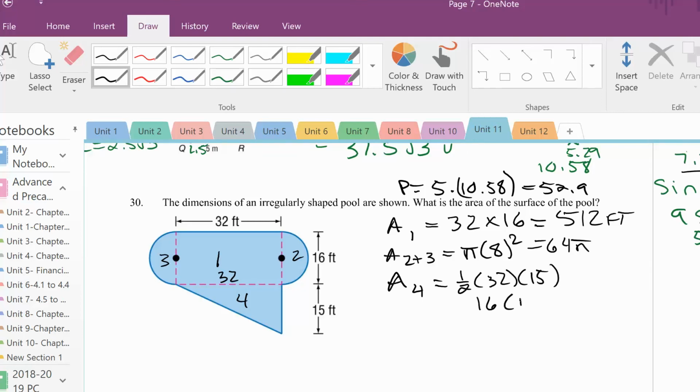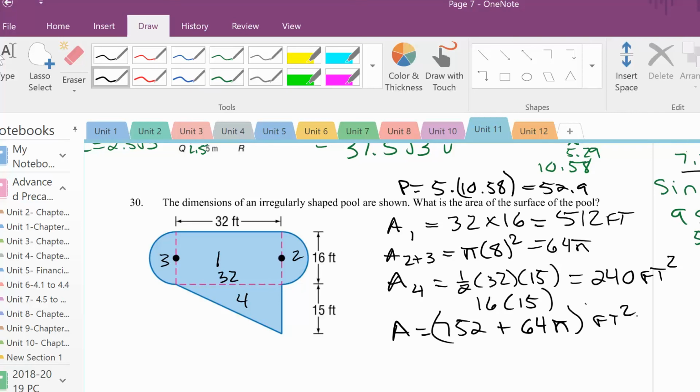So 16 times 15 will give you 240 square feet. So when you add it together, the area total is 512 plus 240, so that's 752 plus 64 pi square feet. And when you add that in your calculator, you get 953.062 square feet.